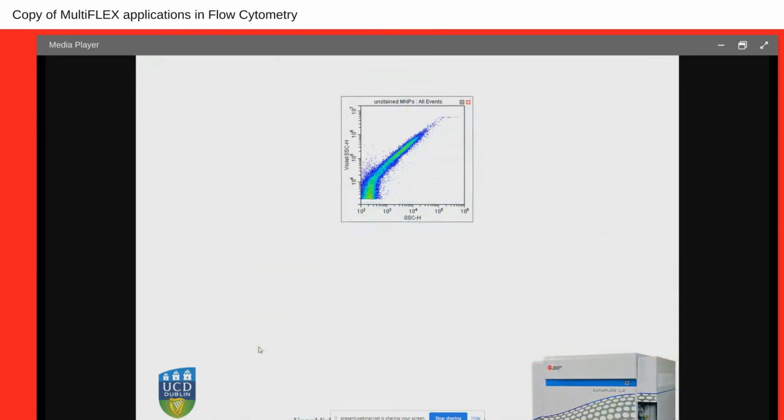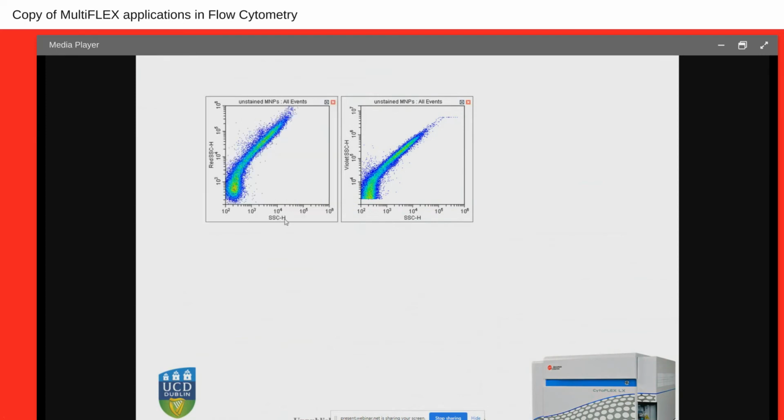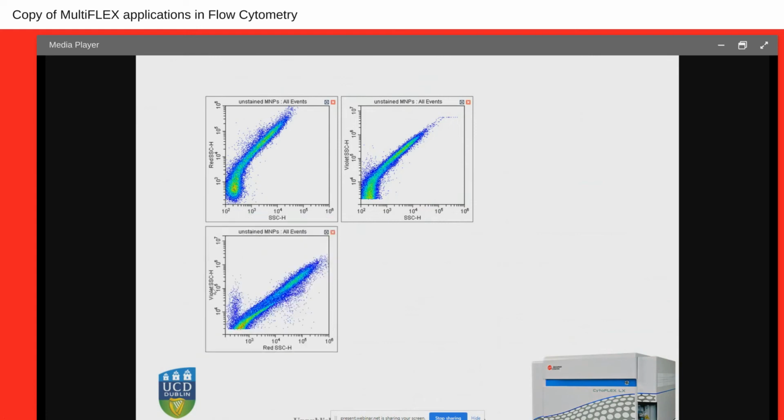When we look at these nanoparticles in a different kind of analysis, and we look at the blue versus violet, it looks like clearly violet is more sensitive to resolve them. When we look at the blue versus the red, it's basically the same. It's more red than violet. But when we look at the red versus violet, they follow the diagonal, and this is helping me to differentiate the nanoparticles from the noise.